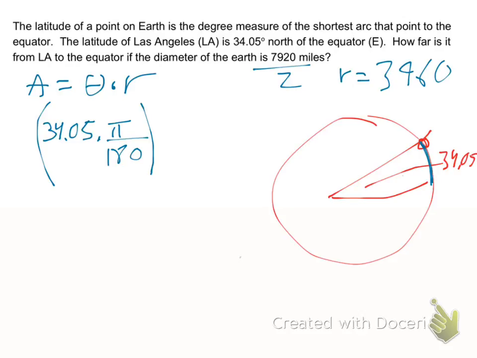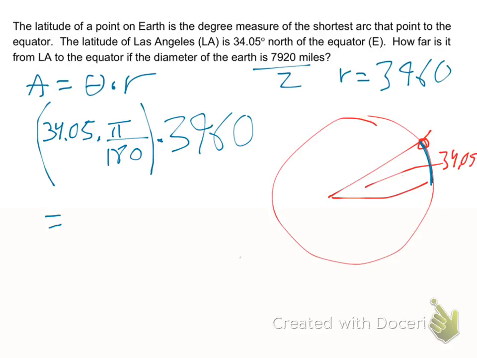Okay, so I just take that number that's not so nice and multiply it by 3,960, and you end up finding the distance between the equator and Los Angeles. Guys, you should all be taking your calculators out and working this out.